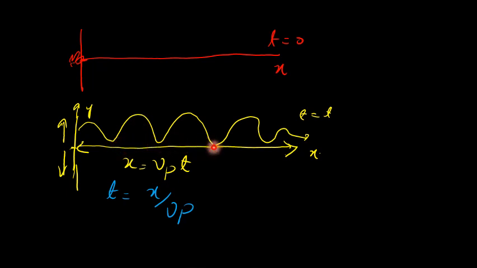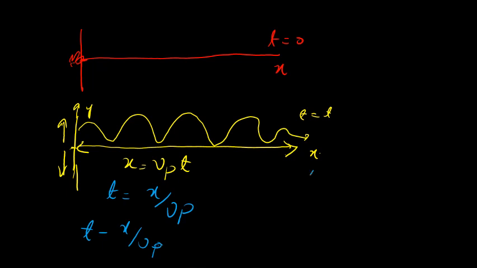So at any point x it has the same value of y as it has at x equals 0 at some earlier time. The earlier time is t minus x over vp.